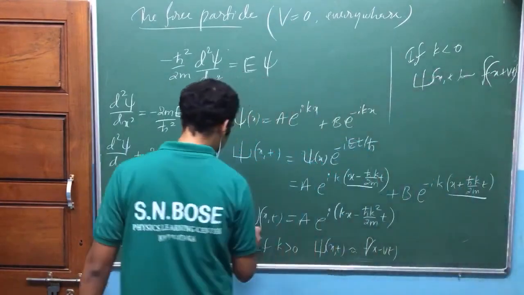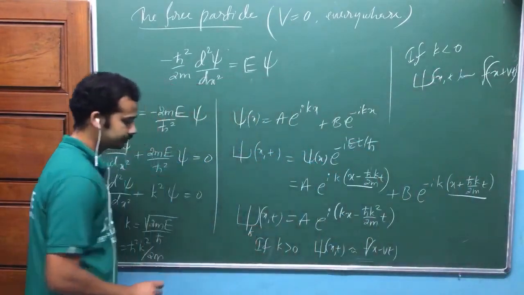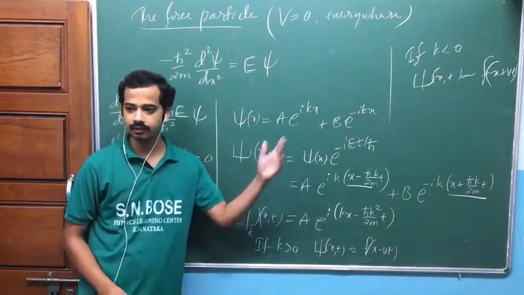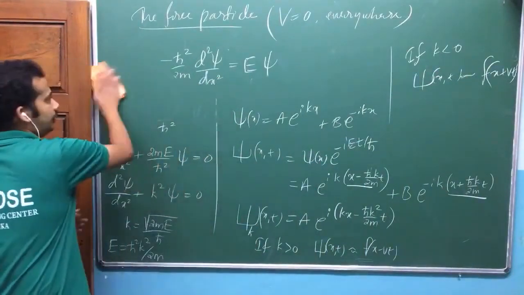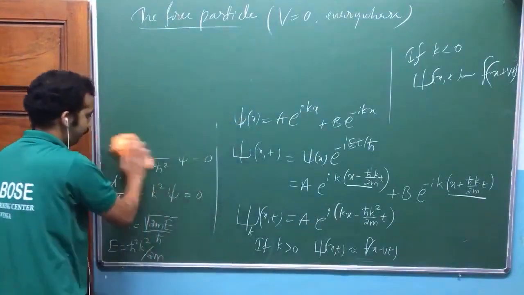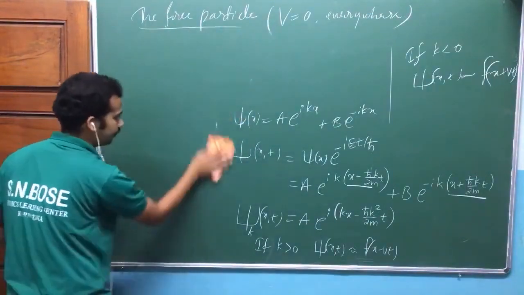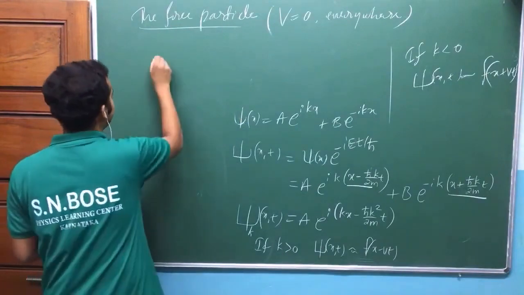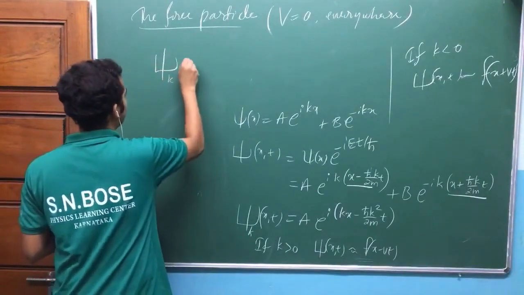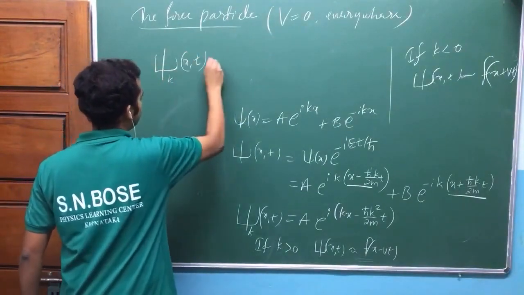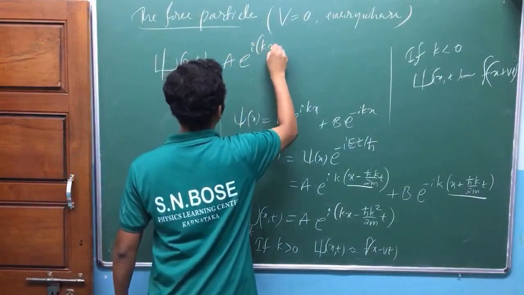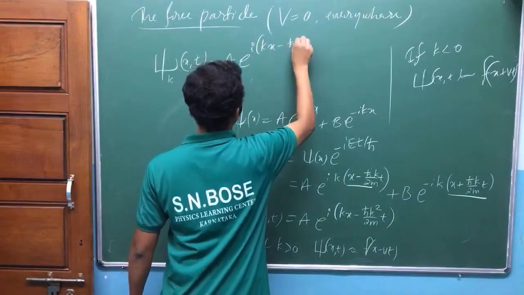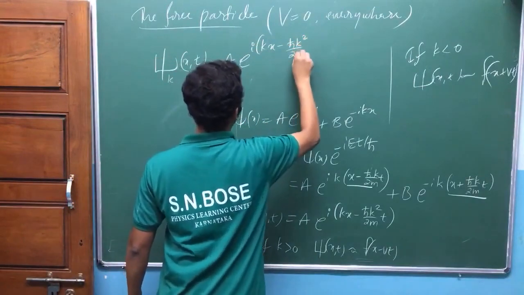We can write only one expression where psi depends on k. Can I write it like this? Psi of k, just like psi n we wrote earlier. So my solution is psi k of x comma t equals A e power i (kx minus h bar k square by 2m into t), not h bar square.